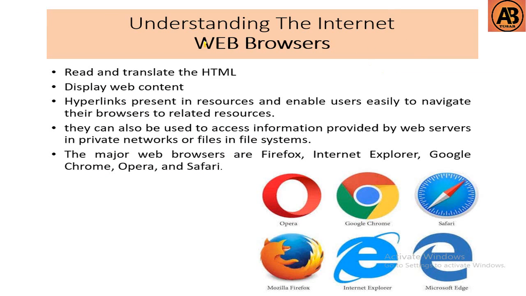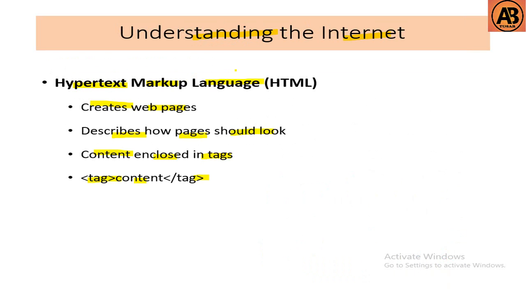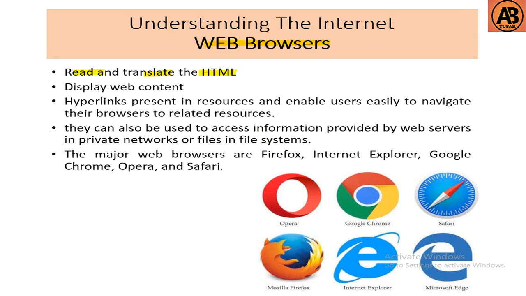Then understanding the web browsers. Read and translate the HTML. That means HTML is code, and the browser can read and translate the HTML code. These are the browser: Opera, Google Chrome, Safari, Mozilla Firefox, Internet Explorer, Microsoft Edge, etc. It displays web content, hyperlinks present in resources, and enable users easily to navigate their browsers to related resources.